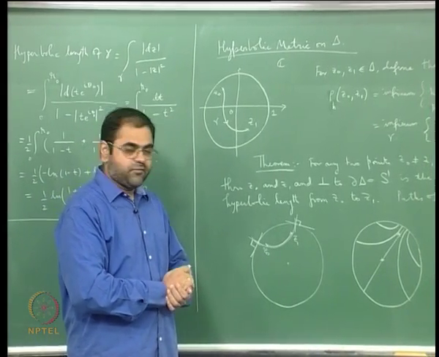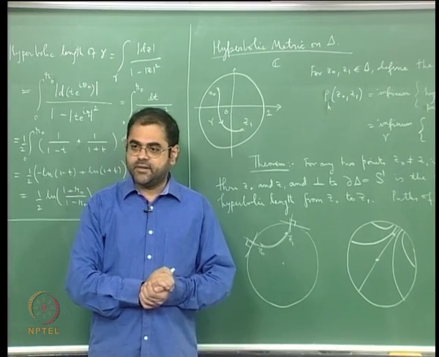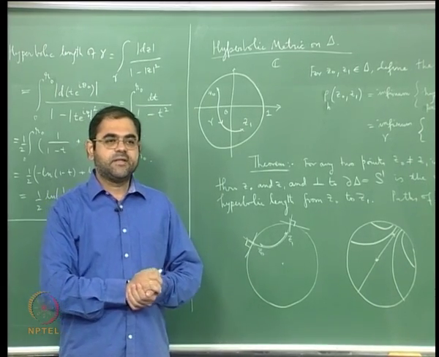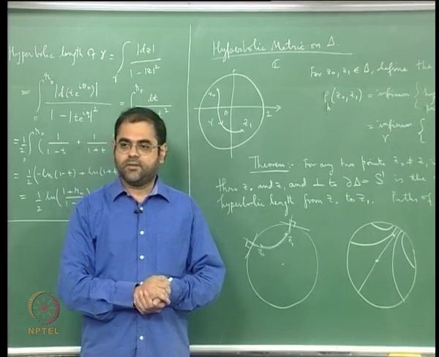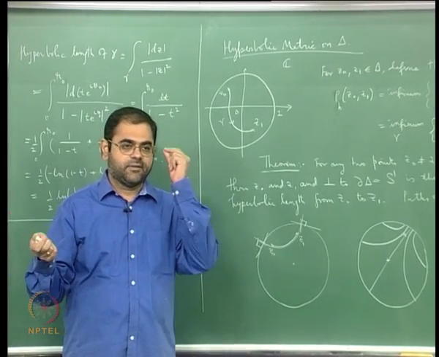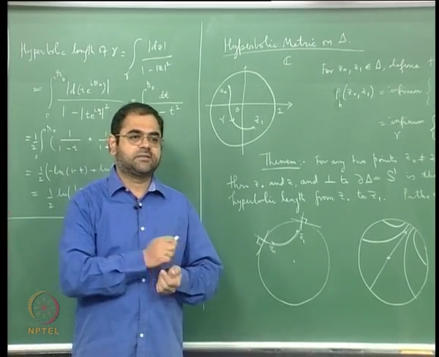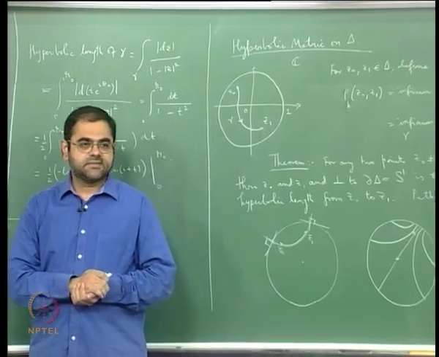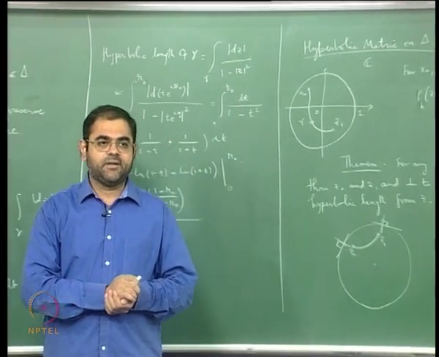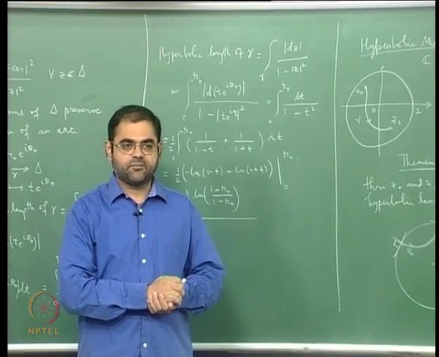You see, if you are looking at the Euclidean metric, then the geodesics are all straight lines, okay. If you take any 2 points in Euclidean space, what is a path of shortest length? It will just be the straight line segment joining those 2 points.